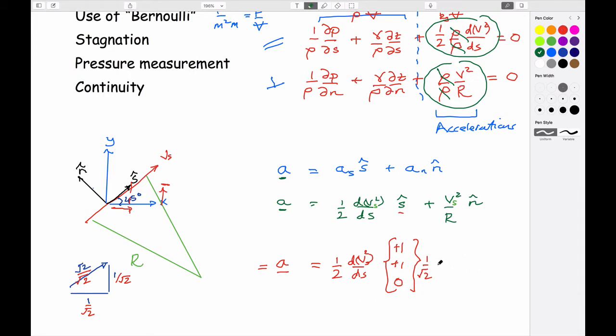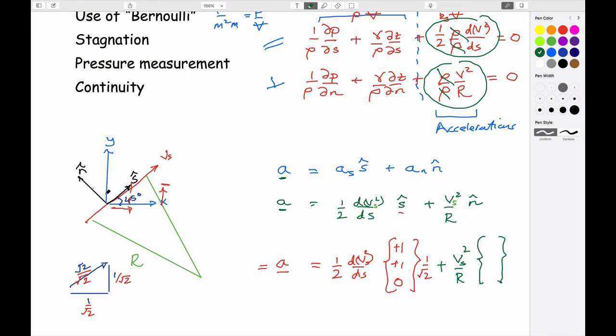And so for the other term, it's going to be the streamline velocity squared divided by the radius. So this is just a scalar value, multiplied by this vector n.